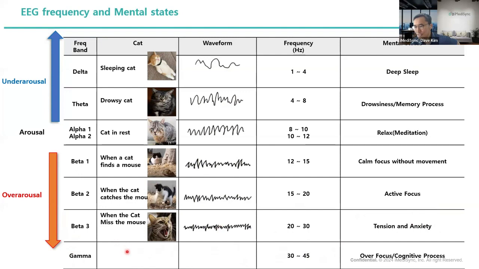It is usually accompanied by cognitive processes. Sometimes it means overfocus, but this gamma activity is not similar to beta 3, and has very high correlation with beta 2. So beta 2 and gamma usually associate with active focus or cognitive process, beta 3 is tension and anxiety, and beta 1 is calm focus.